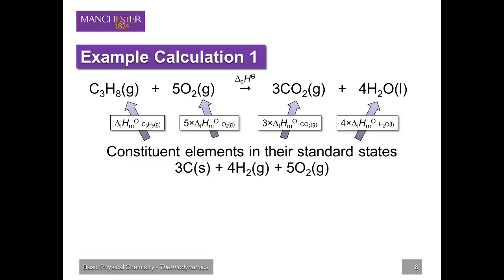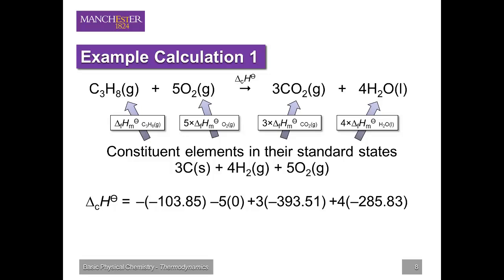So if we consider our alternative route, the enthalpy of combustion of propane is going to be equal to minus the enthalpy of formation of propane, minus because we are travelling in the opposite direction to the arrow, minus 5 times the enthalpy of formation of oxygen, again minus because we're travelling against the direction of the arrow, then plus 3 times the enthalpy of formation of carbon dioxide, plus 4 times the enthalpy of formation of water liquid.